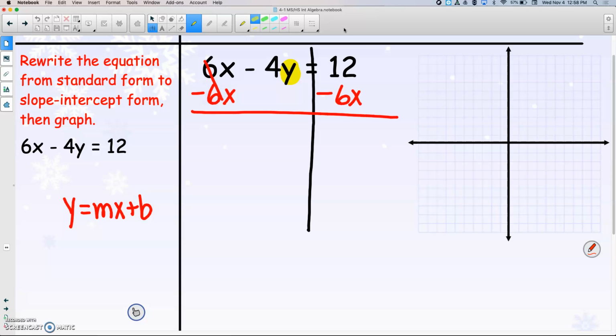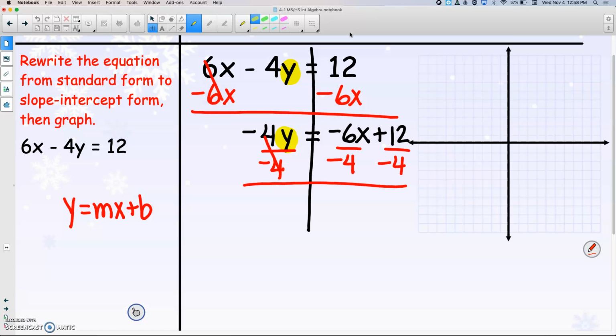It's on the wrong side. Bring down your -4y. Write these in order, slope-intercept order. -6x first plus 12. And then there's one more step this time because here's my y. So I need to divide to cancel the -4 and divide each of these by -4 as well.